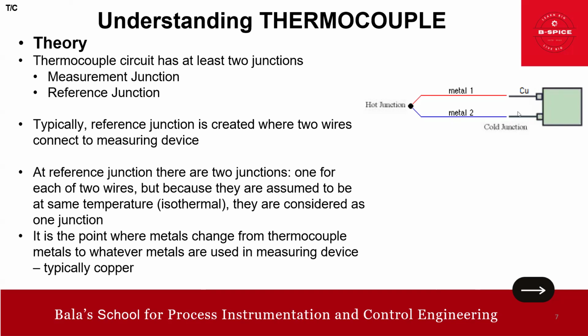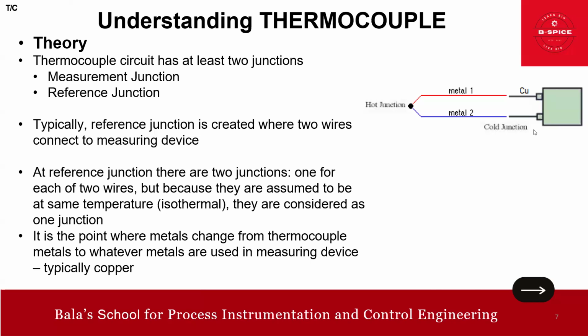So one more point I want to talk about here. It is at this point that the metal changes from thermocouple metal, meaning like platinum, rhodium, like that. This is the thermocouple material normally, right? So it is at this point that the metal changes from thermocouple metal to whatever metal is used in the measuring device. In this measuring device, I typically use copper.